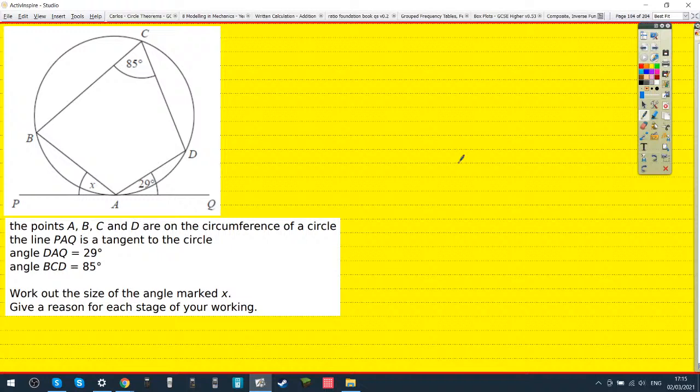Okay. That'll be angle marked X. Angle DAQ is BAD.